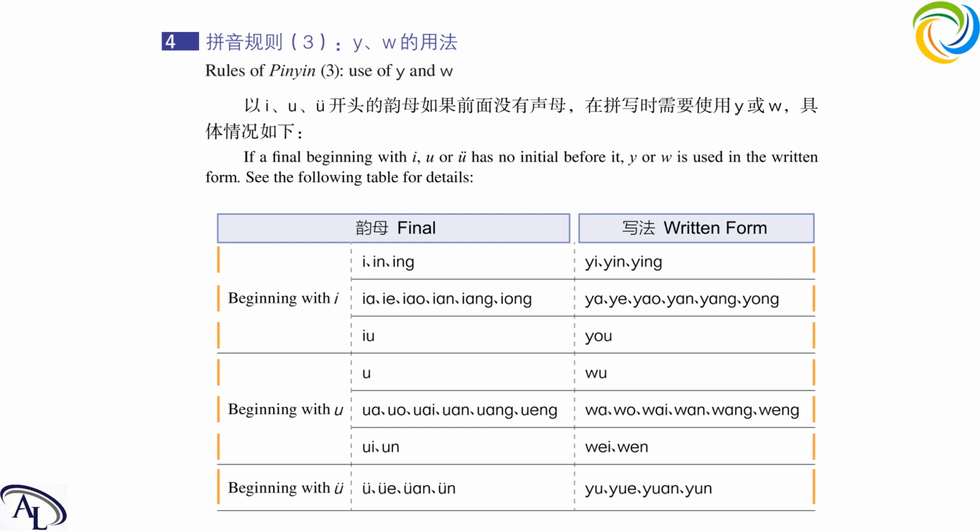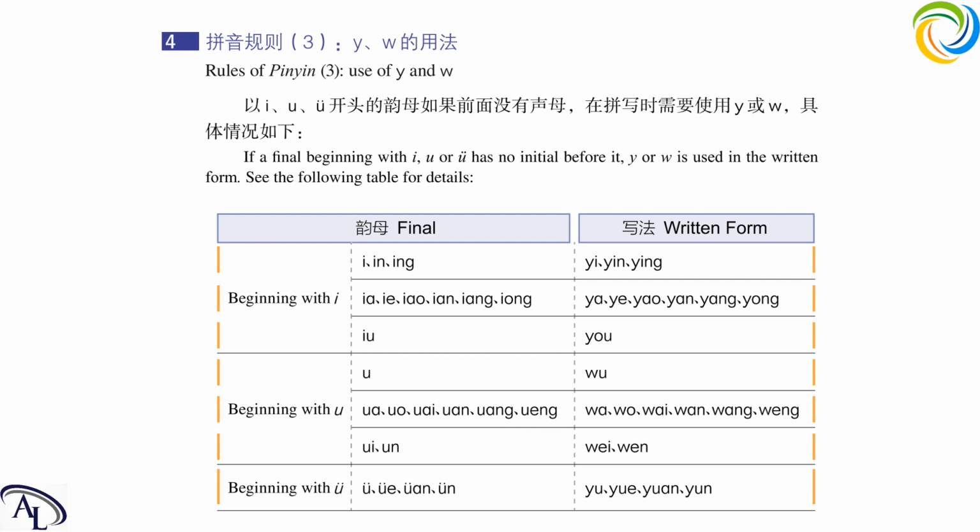And the second situation is when the final starting with i has vowels following it. For example, ia, ie, iao, iou, ian, iang, iong. In this situation, we will remove the final i and put the initial y before it. For example, for this, ya.